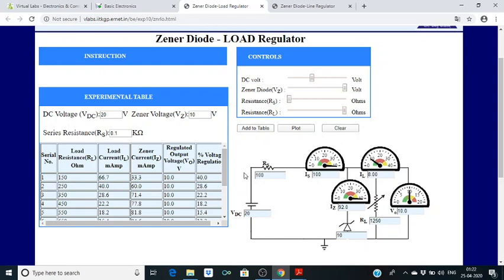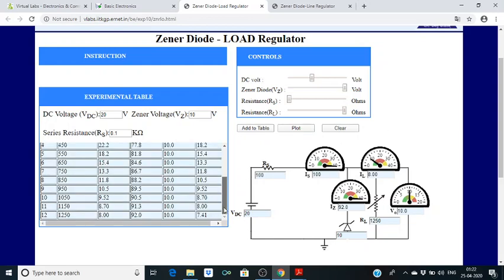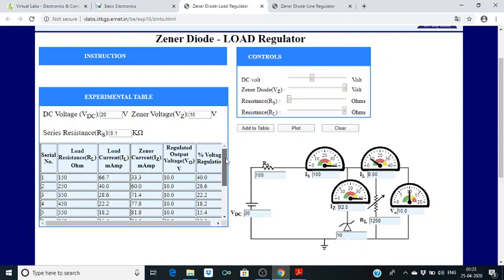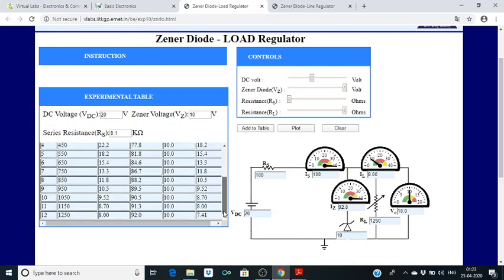So now we have taken all the values. We have changed RL from 150 to 1250 in steps of 100. Now we will plot it.